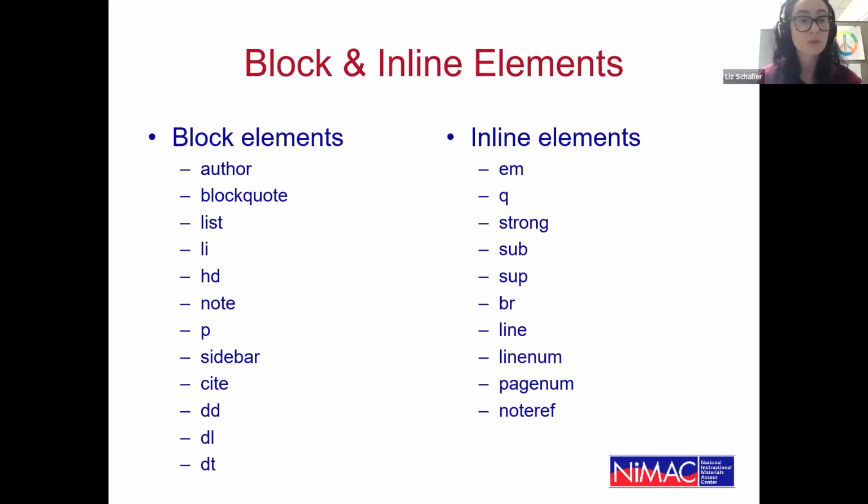And some of these include author, lists, notes, sidebars, special definition tags for glossaries, some of those inline elements to capture some formatting information like emphasis, strong emphasis, subscripts and superscripts, as well as page num tags, which we'll talk about a little bit more later on in the presentation.